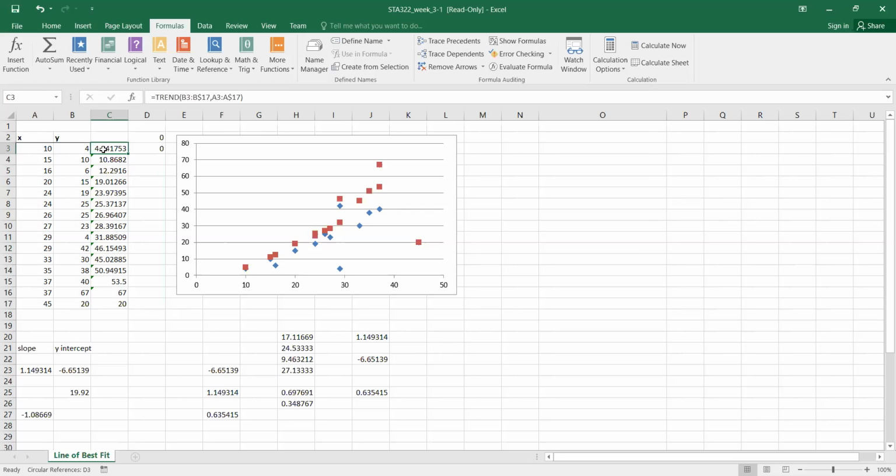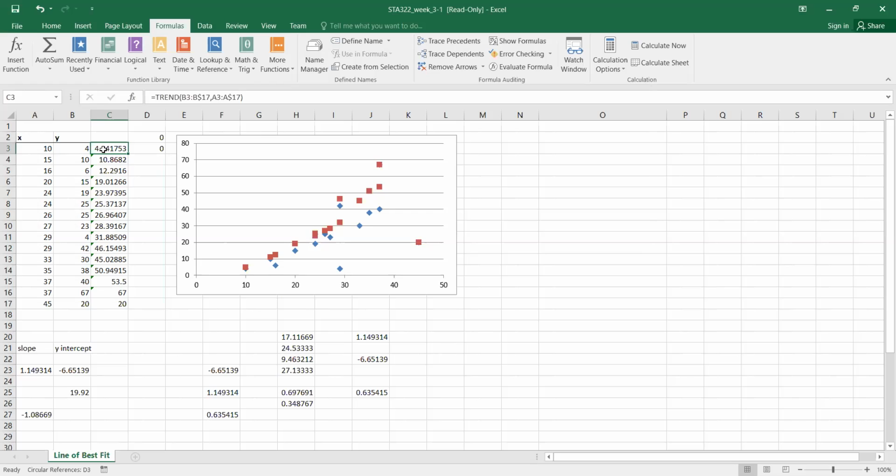And the more important issue from my standpoint is the correlation coefficient. The correlation coefficient is going to be a better idea.